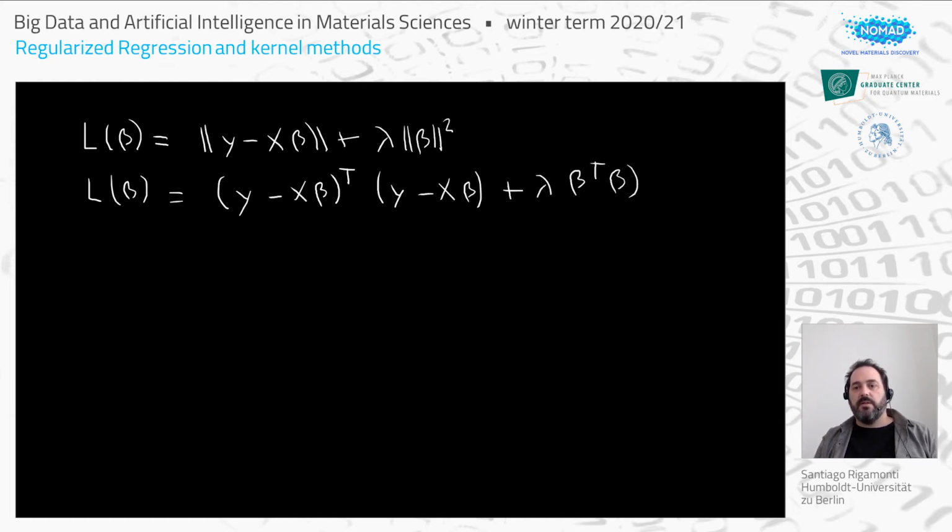Let's justify a bit why we are writing that. We want to minimize this expression, so this actually imposes a penalization on large values of the coefficients beta.